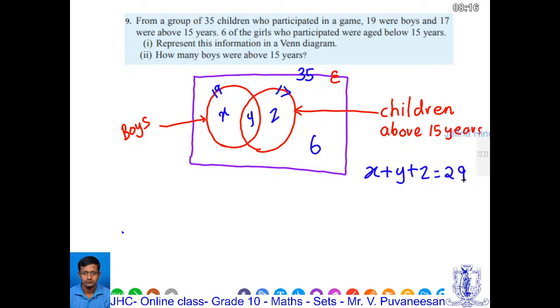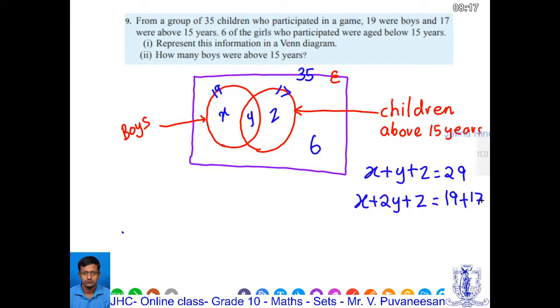But we know x plus 2y plus z equals 19 plus 17.